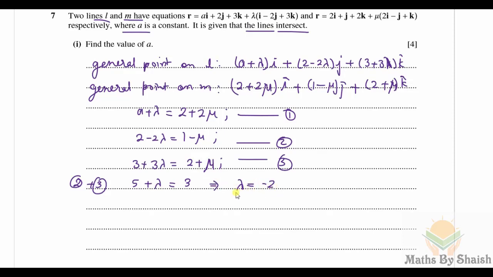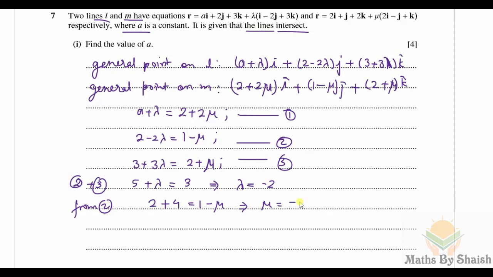So once we got lambda is equal to minus 2, I'll put it here, and from 2 we'll get 2 minus 2 into minus 2, which is plus 4, is equal to 1 minus mu, and that's why mu will be 6 minus 1, so 5.